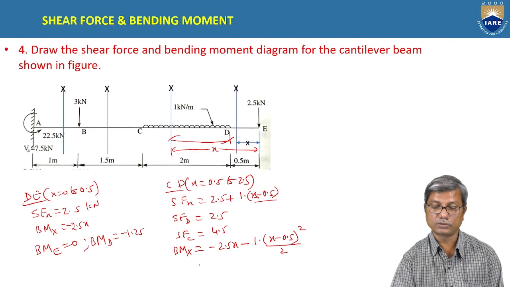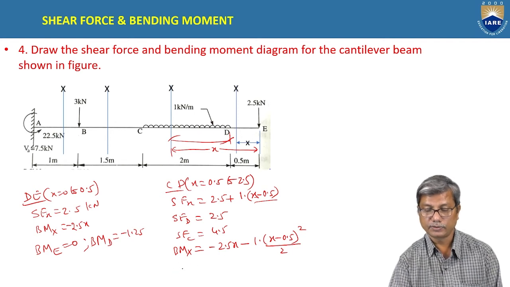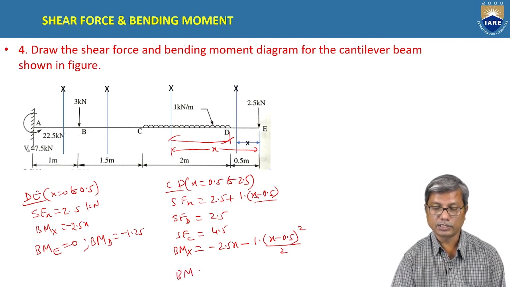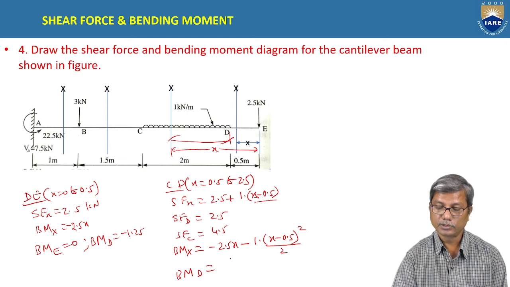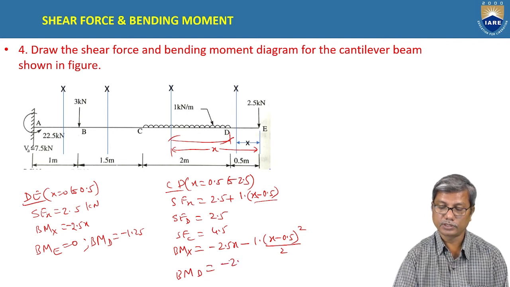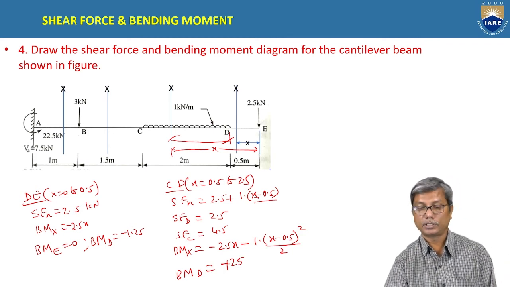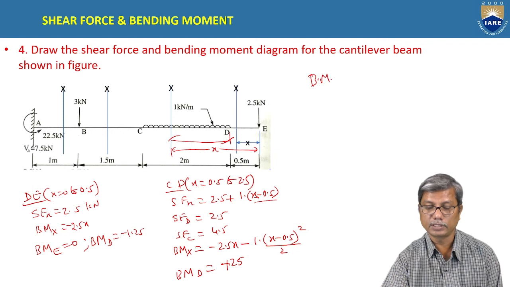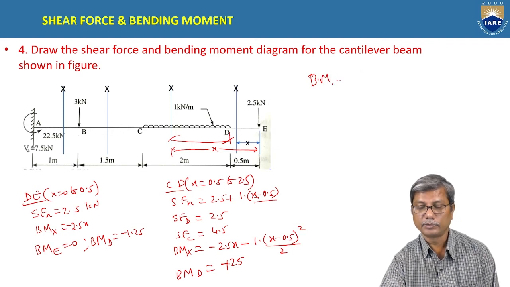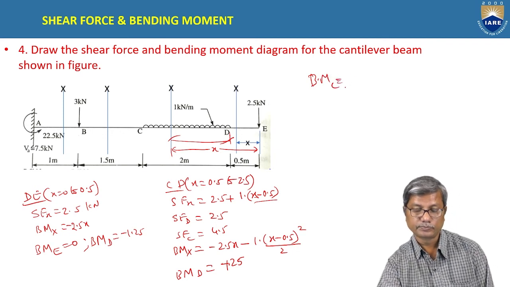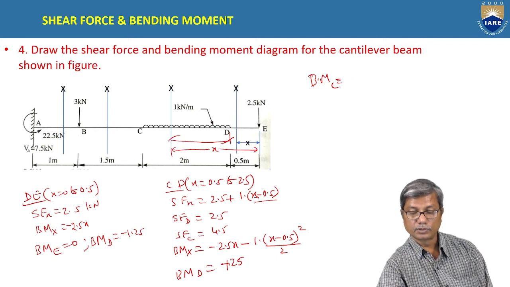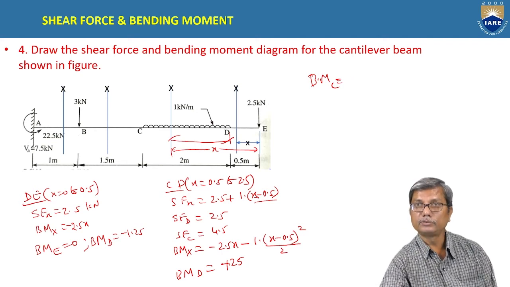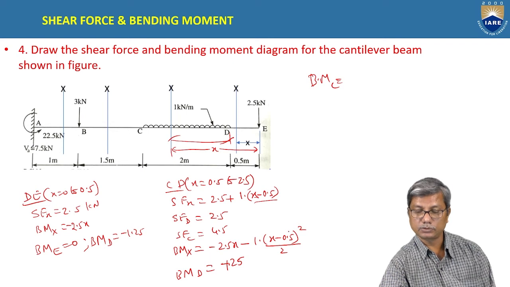At X equal to 0.5, we get bending moment at D, which is minus 2.5 into 0.5, that is minus 1.25. And at X equal to 2.5, we will get bending moment at C. 2.5 minus 0.5 is 2. 2 square by 2 is 2.